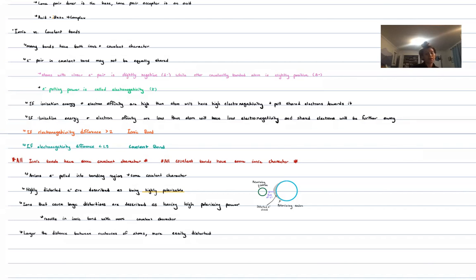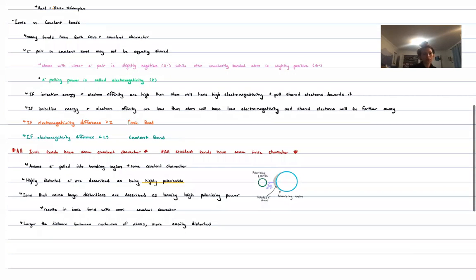But the opposite, vice versa, is if you have a really low ionization energy, so it's really easy to take away an electron, and a really low electron affinity, so it doesn't really attract any, then the shared electron is more likely to be pushed towards the other atom that's more electronegative. It's kind of like a game of hungry hippos, where the one that wants it more is going to try to get it more and therefore pull it closer.